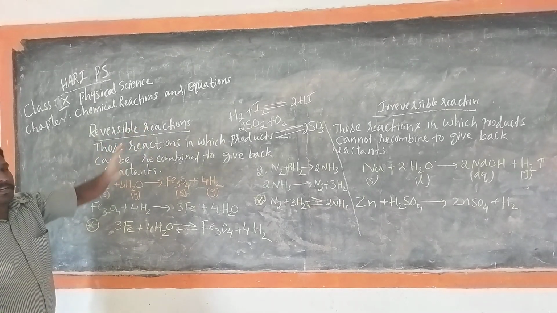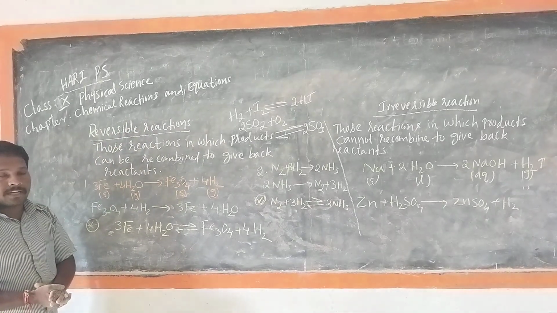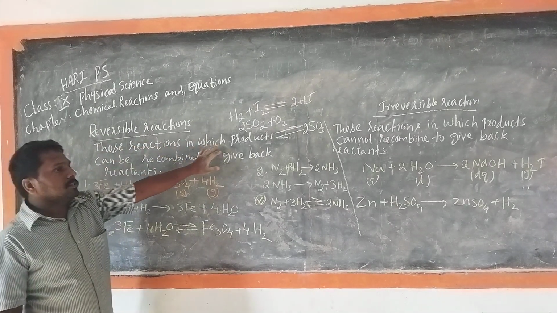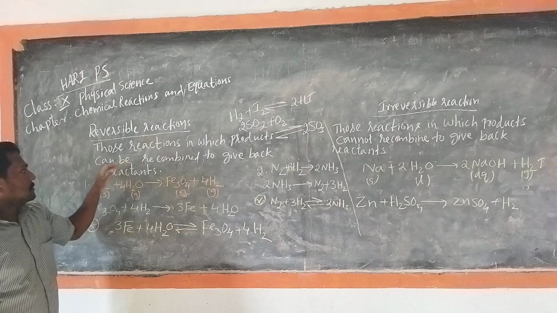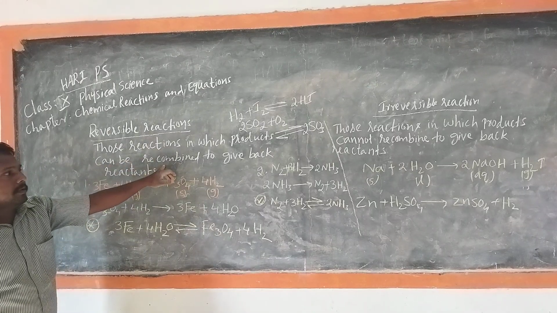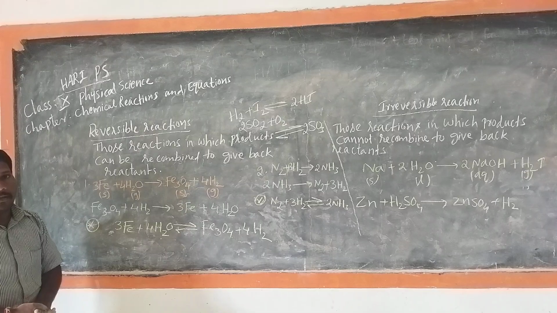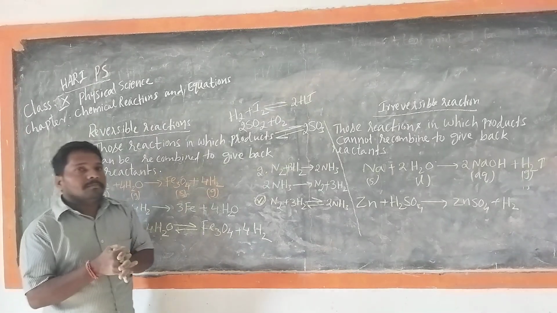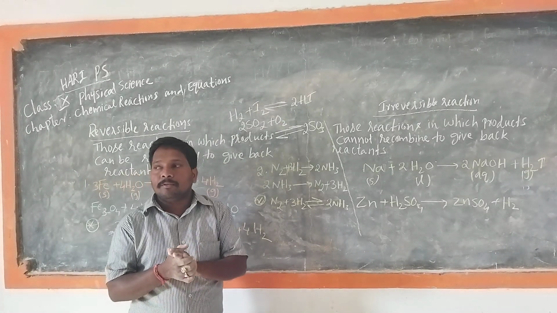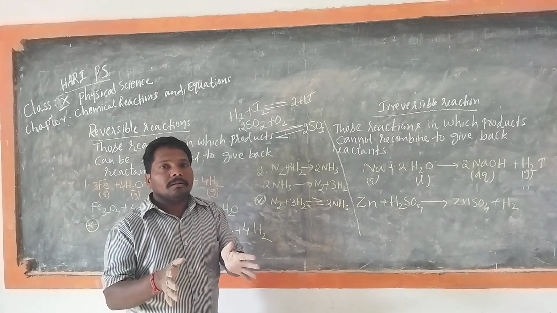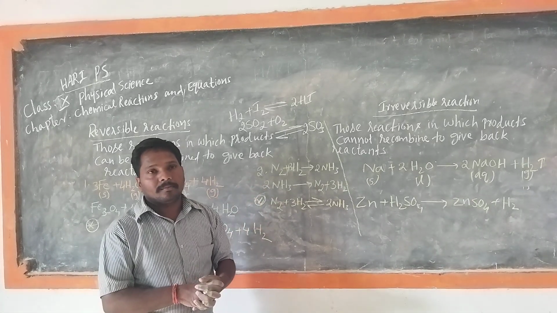Reversible reaction: those reactions in which products can be recombined to give back reactants. As you know, the substances involved in a chemical reaction are called reactants.